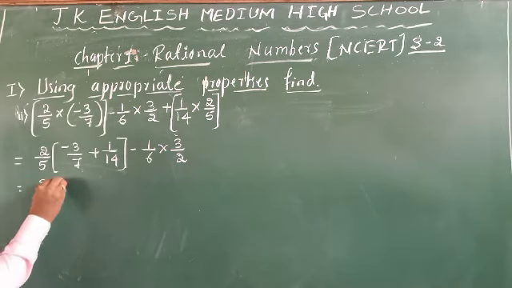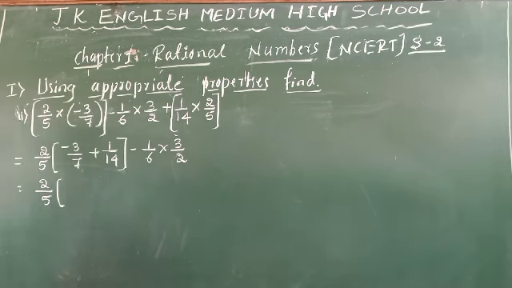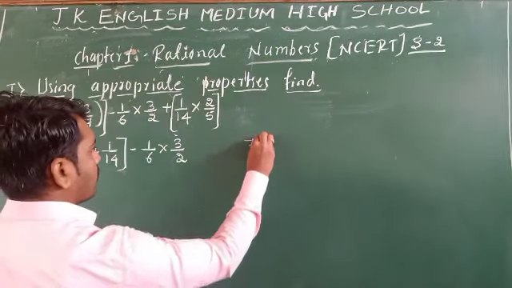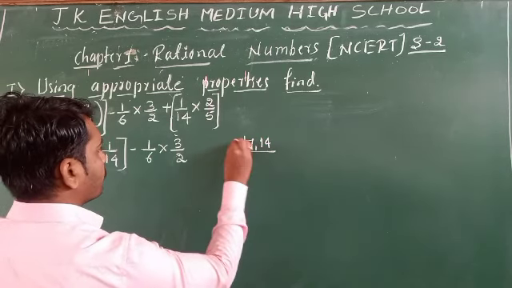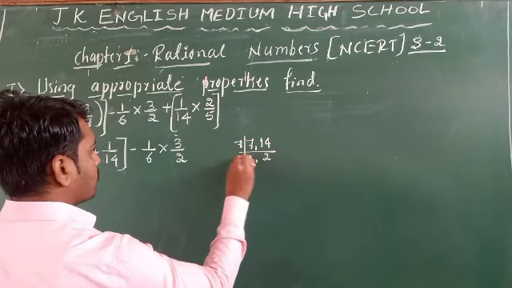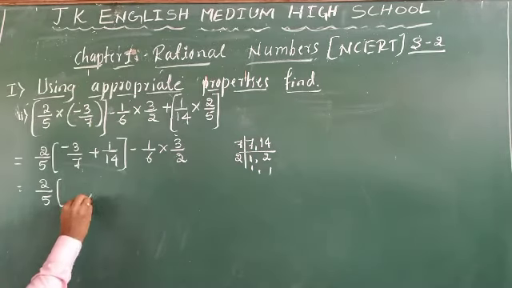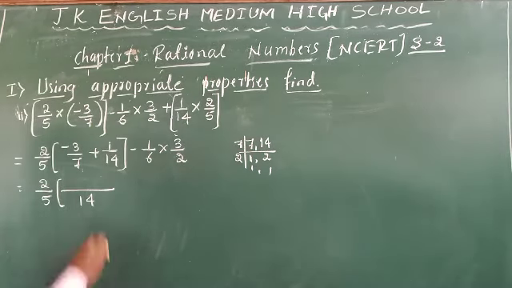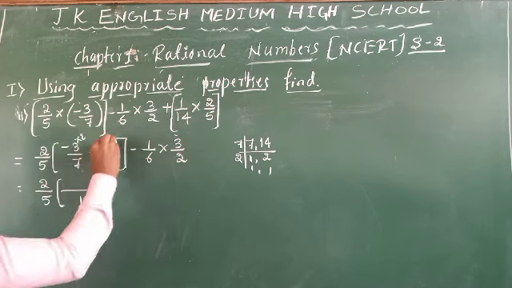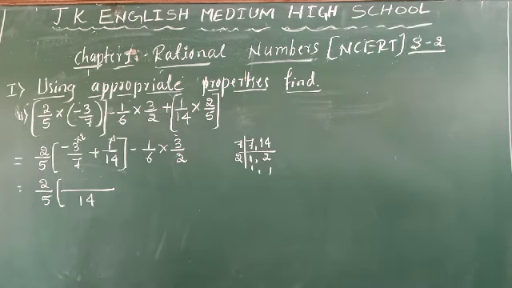So 2 by 5 as it is, 7 and 14 is there. What to do? Take the LCM. 7 comma 14. 7 sevens are 7, 7 twos are 14, 1 as it is. So LCM is 14. 7 twos are 14, 14 ones are 14.